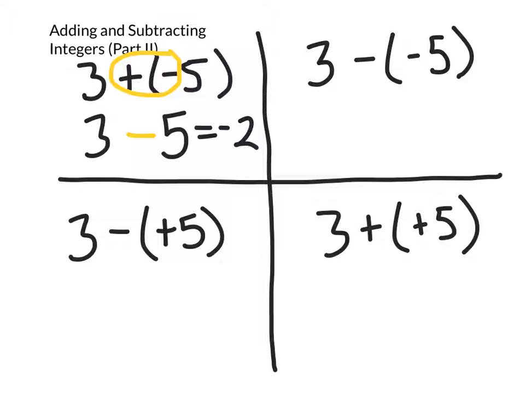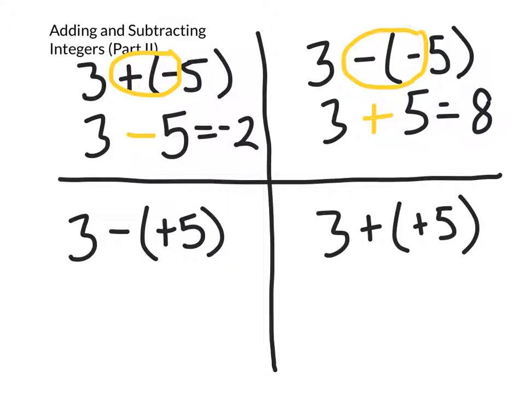The second scenario here is I have a negative and a negative. In other words, the opposite of a negative number is a positive number. And so I can go ahead and rewrite this as 3 plus 5. And this is going back to our addition, in which these are all positive values, and therefore I'm going to end up with an answer of 8.